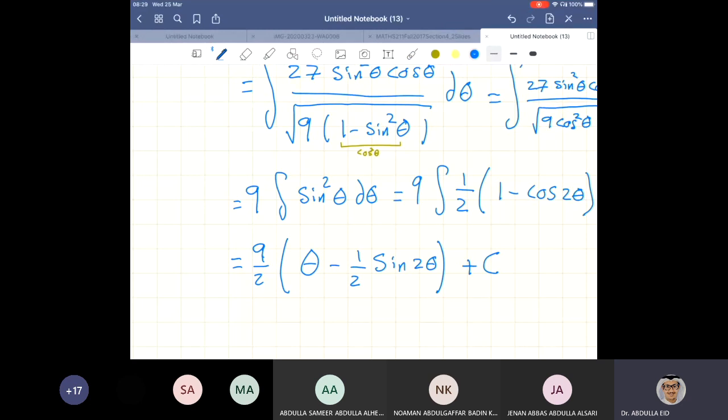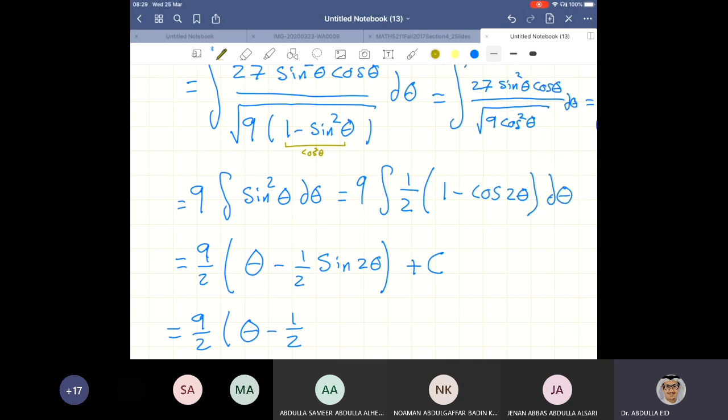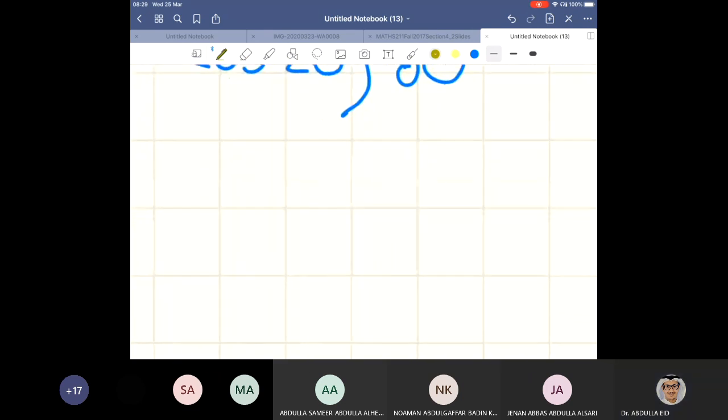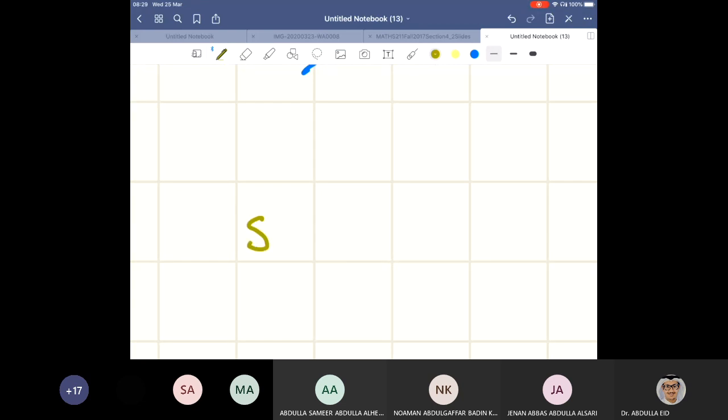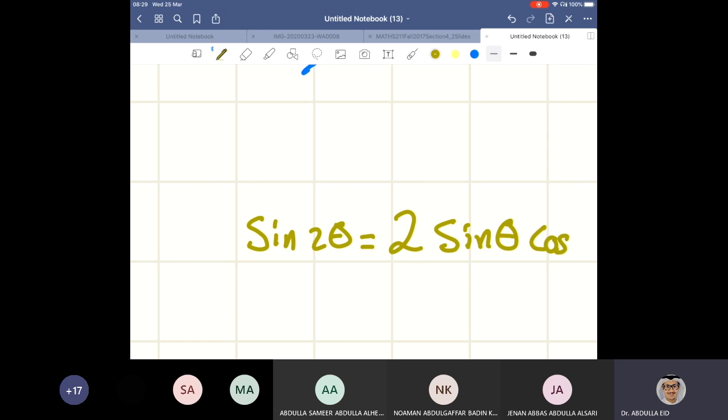One final step that we need to do is this one, theta minus half sine 2 theta. Now, do you remember the formula for sine 2 theta? There is the double angle formula. Yes, exactly. It is 2 sine theta cosine theta.